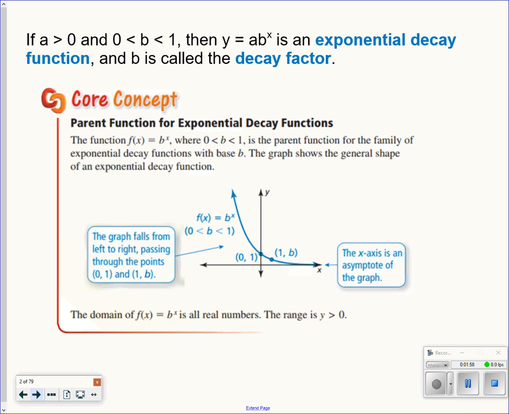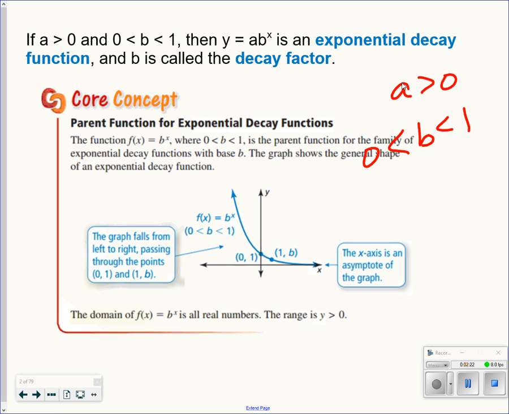Now, what happens if we still have an a value greater than 0, but the b value now is less than 1, but still positive? So you're talking about all fractions or decimals. So a b value of a half or a third or 0.5. Those would all be examples of exponential decay factors. So notice the graph as it goes from left to right, it goes downward.